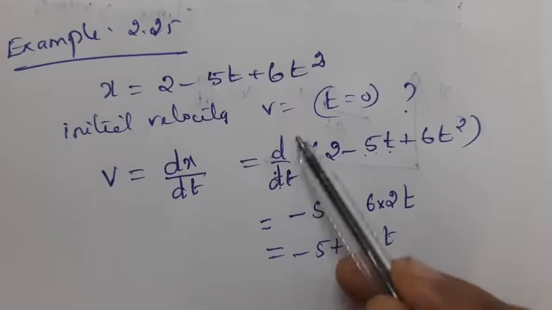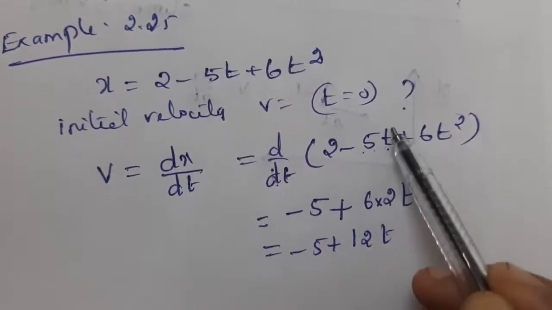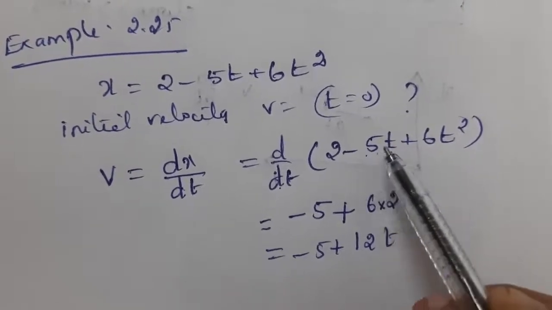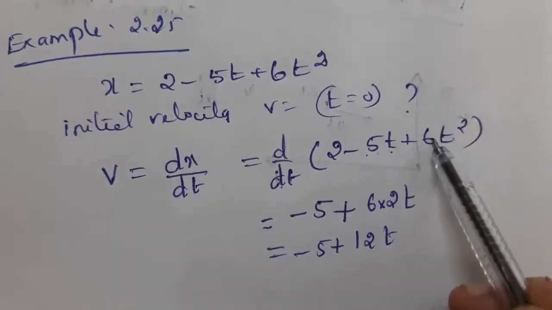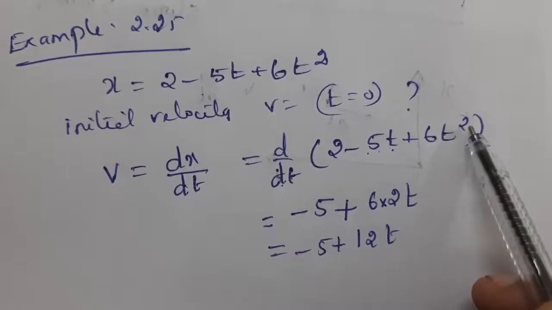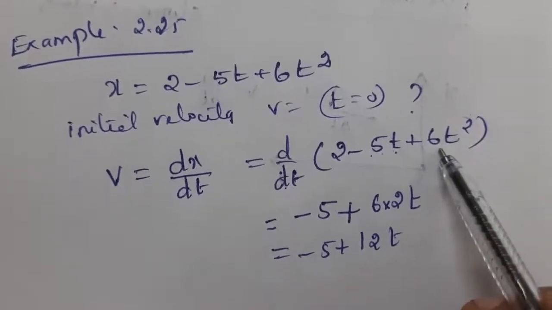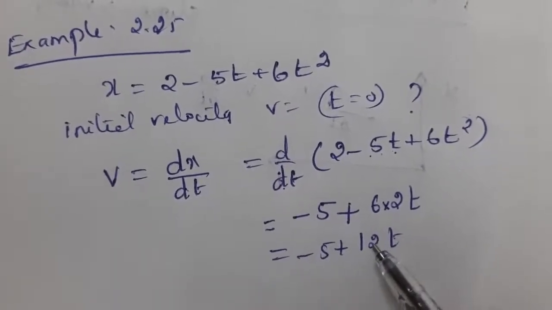Differentiation of minus 5t is minus 5, since dt by dt is 1. So minus 5 into 1, minus 5, plus 6t square. Differentiation of x power n is n into x power n minus 1, so 2 into t power 2 minus 1. So 6 into 2t. So we can write minus 5 plus 12t.